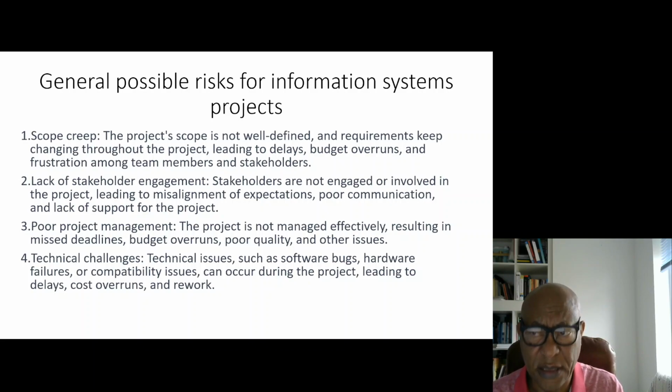The other possible risk source is poor project management. If it is not managed effectively, with missed deadlines, budget overruns, poor quality, and other issues, this is a huge risk to the project.